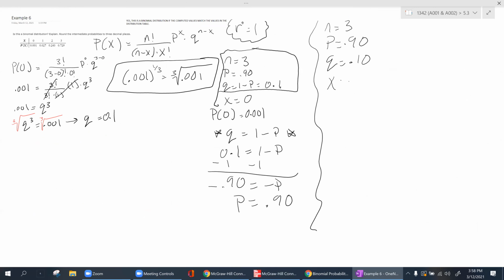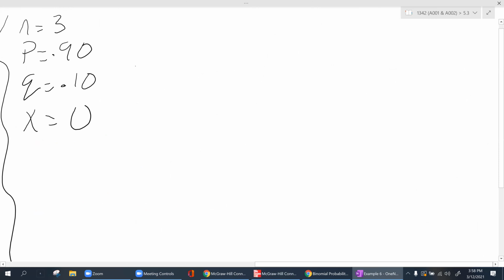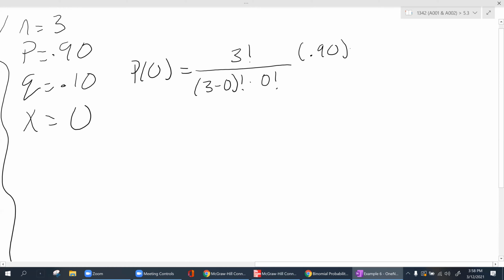So my x is equal to 0. Let's solve for that. P at 0 is equivalent to 3 factorial over 3 factorial times 1.